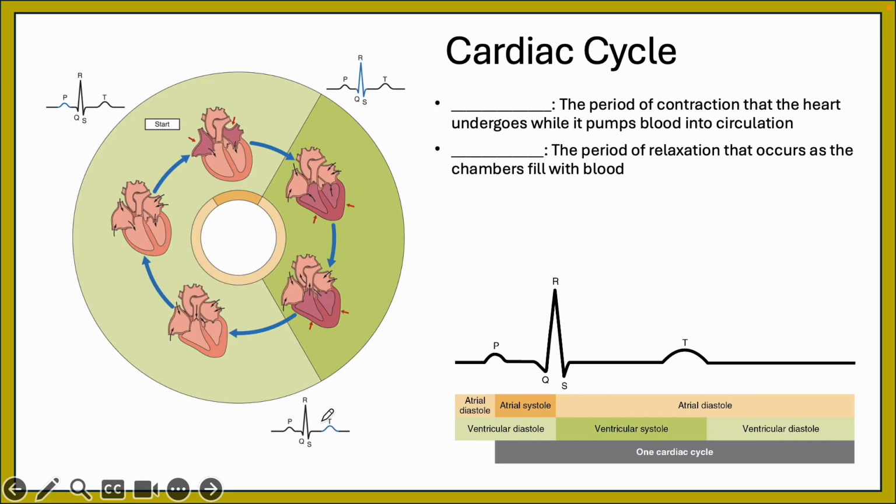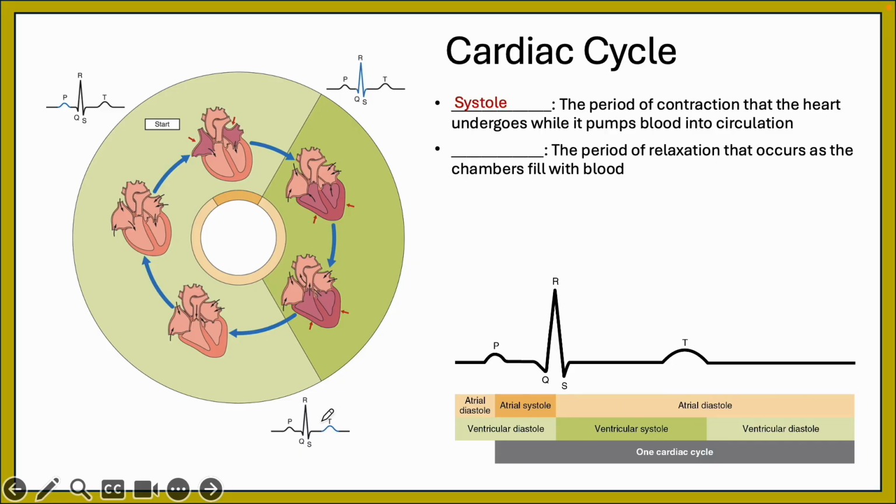All right, so this leads us to the cardiac cycle. The cardiac cycle is the complete sequence from atrial contraction to ventricular contraction and ventricular relaxation. Atrial relaxation also occurs, but that is going to overlap with ventricular contraction. So what we're going to see here is one complete cycle each time the heart beats.